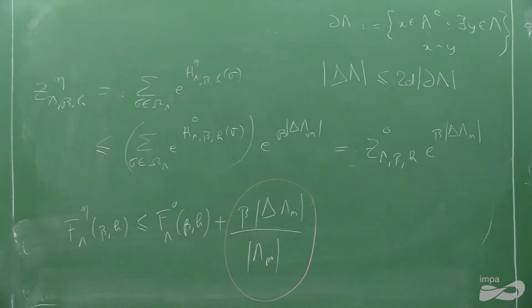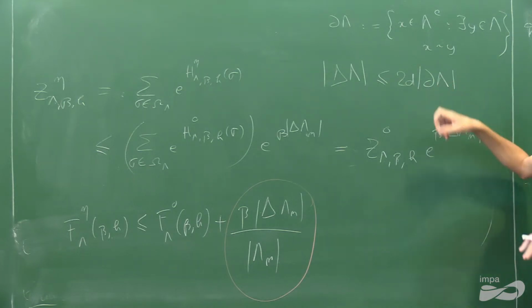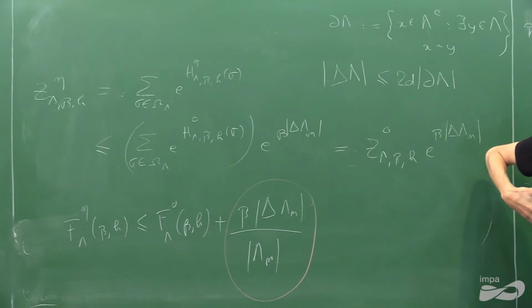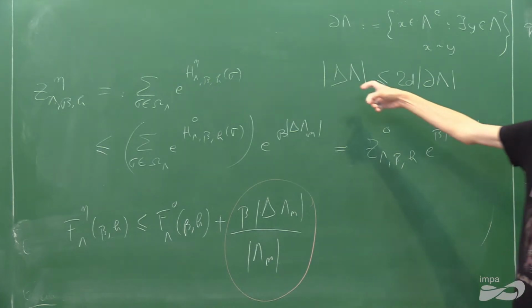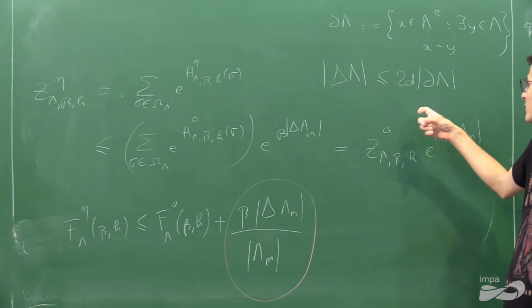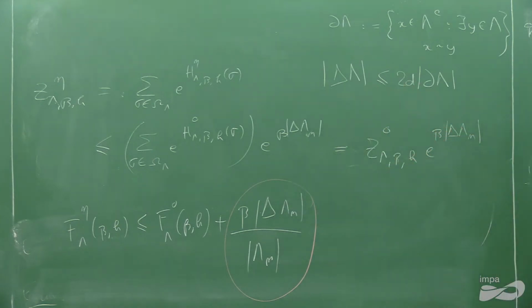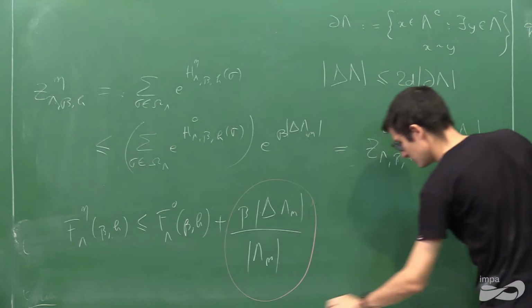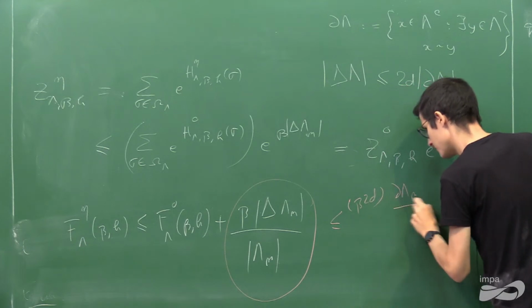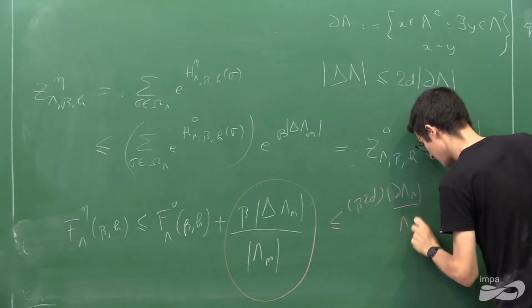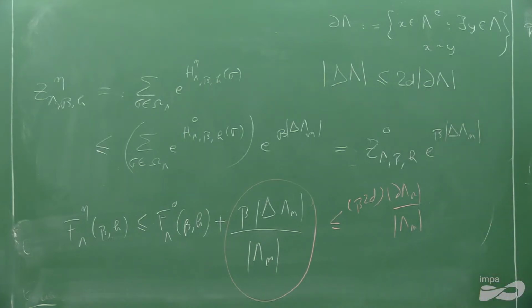So this has to be true, because basically for each site in the external boundary, I have at most 2d outgoing edges. Some of them might be in this, some of them might not. So I have this inequality. This thing is smaller than beta times 2d times this, and this goes to 0.